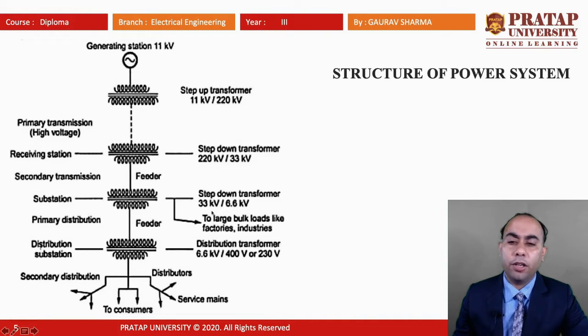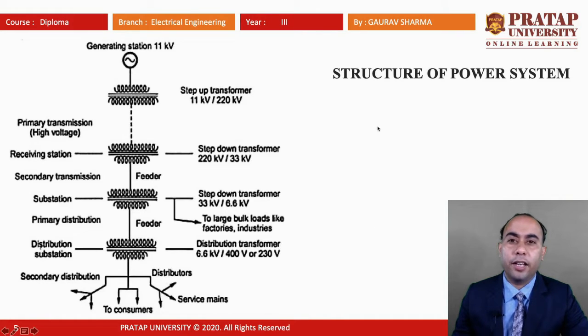We distribute as per the requirement of bulk or heavy load users, and then again we step down for the secondary distribution, which is for the domestic consumers that we use at homes.